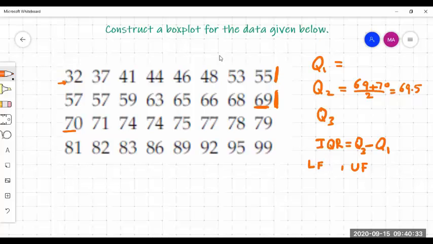This line here, after 55, splits the first half into two halves: the first 8 values before this line, and then 8 values after this line up to 69. Because there's no exact value here, we have to take the average of 55 and 57. So Q1 would be 55 plus 57 divided by 2, and that is equal to 56.